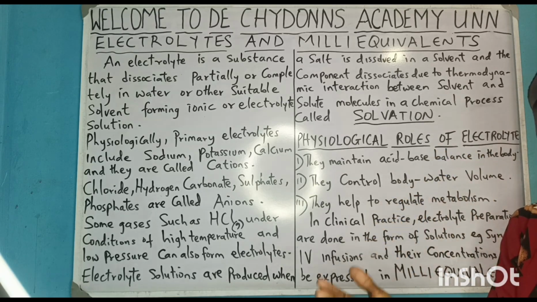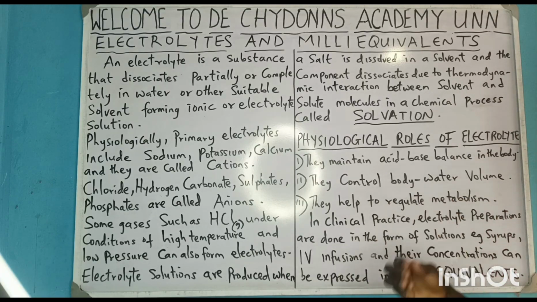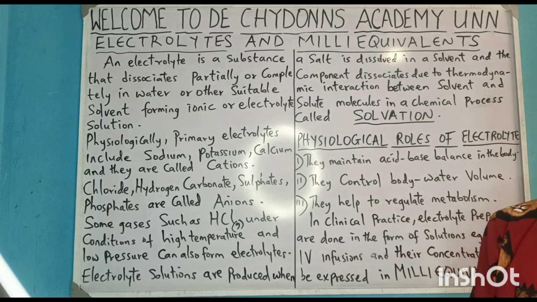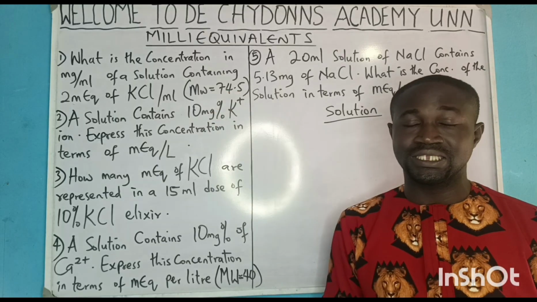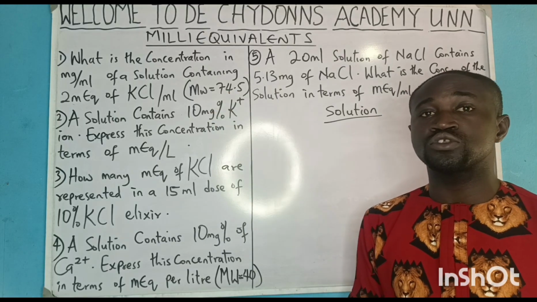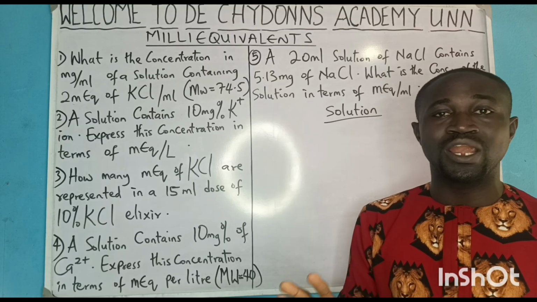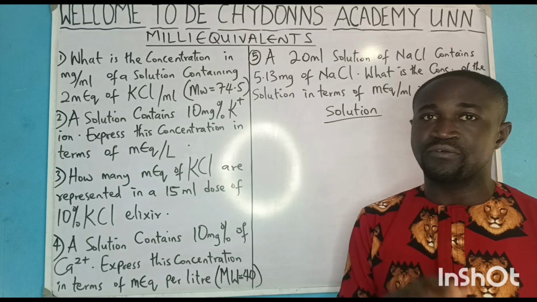Milliequivalent is one of the ways we express the concentration of electrolytes in solution. And that is why we will go into milliequivalents now. Let's see how to run these calculations on milliequivalents.